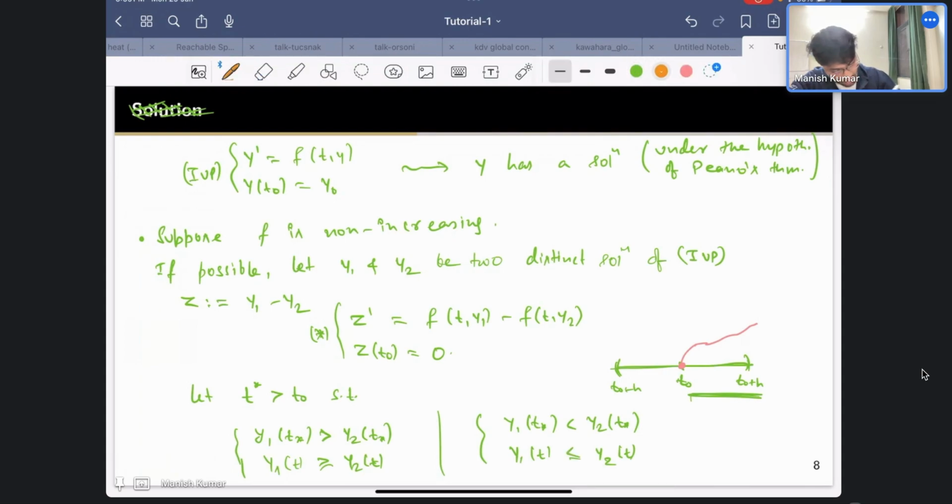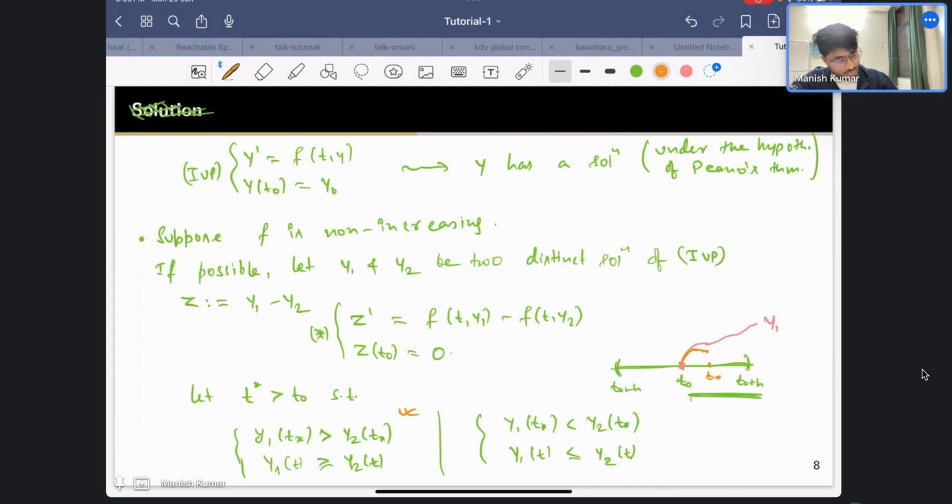This condition is telling you that suppose this is y1, then the y2 function will be less than it. There will exist some t star where they are different, and I can choose it as the first point where they differ, or just some t star, so that at this point they are not equal. So y2 is less than y1(t star), and before that it can be either equal or less, so its graph will lie below, something like this.